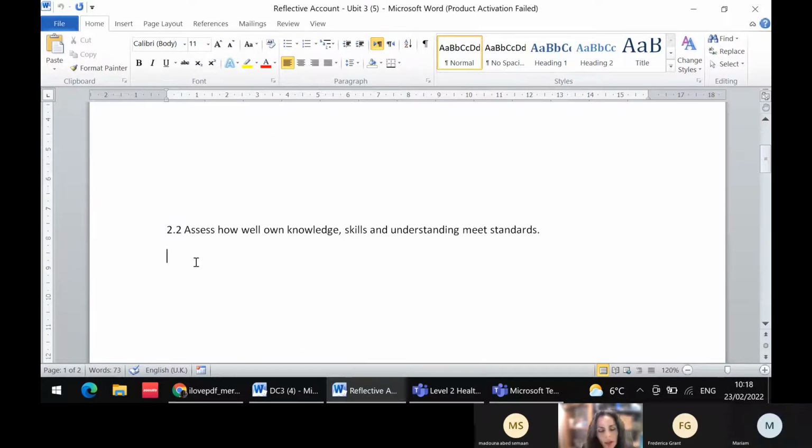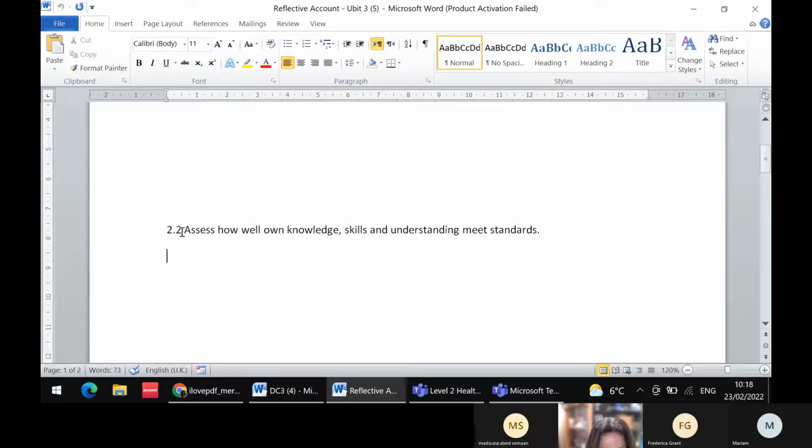So now, assess how well own knowledge, skills, and understanding meet the standards. When you see own knowledge, what does this mean? It means all about yourself. So you start saying me and I, rather than saying the healthcare worker should do this.